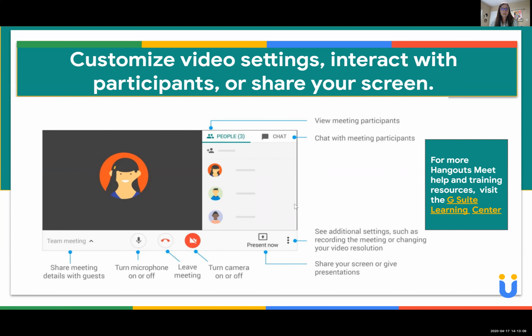If you were going to record, and you'll see this in, I believe, the next couple slides, these three dots right here give you multiple options on the layout of your screen. So if you would like to see it in a different format, you can change the layout to what works for you. And you have the ability to record until September 30th when that free function disappears.